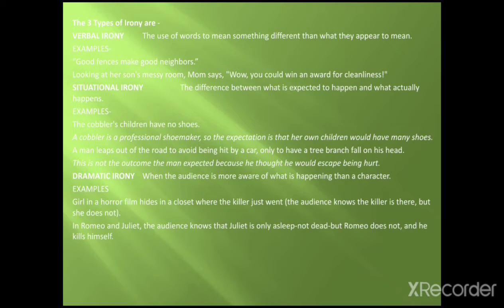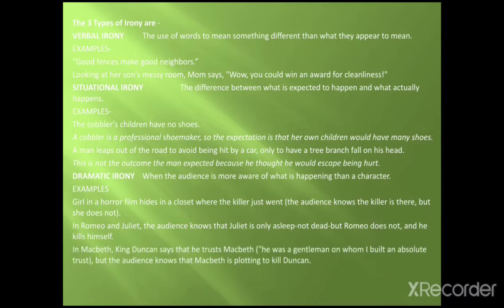In Romeo and Juliet, the audience knows that Juliet is only asleep, not dead, but Romeo does not, and he kills himself. In Macbeth, King Duncan says that he trusts Macbeth. "He was a gentleman on whom I built an absolute trust." But the audience knows that Macbeth is plotting to kill Duncan.